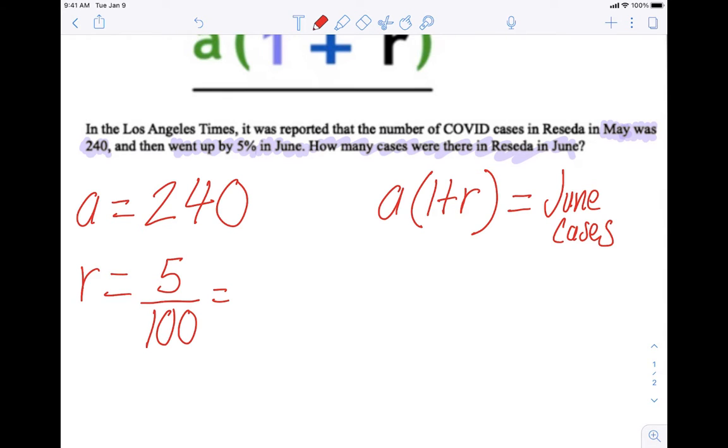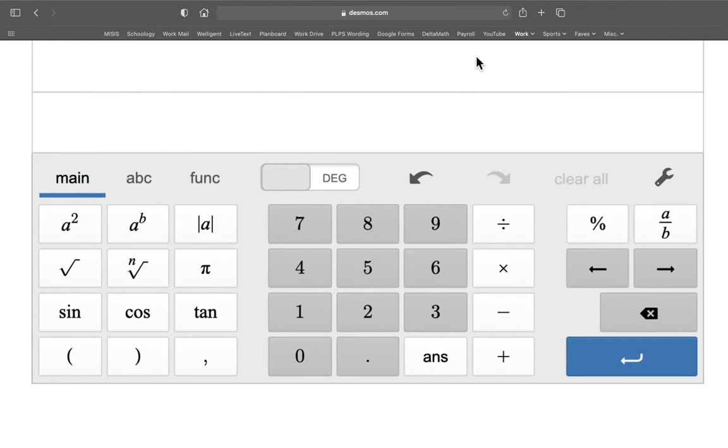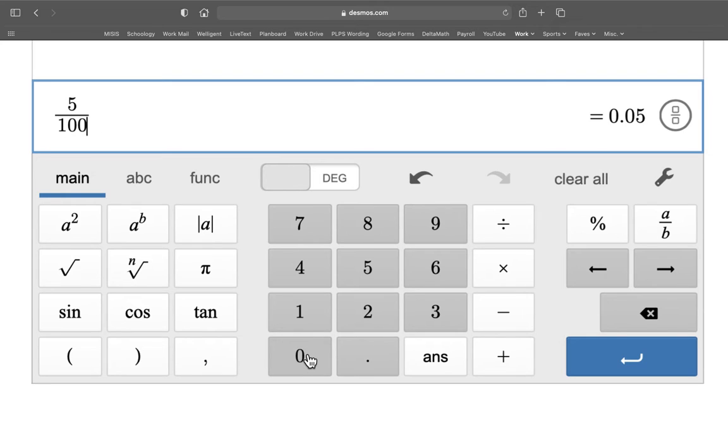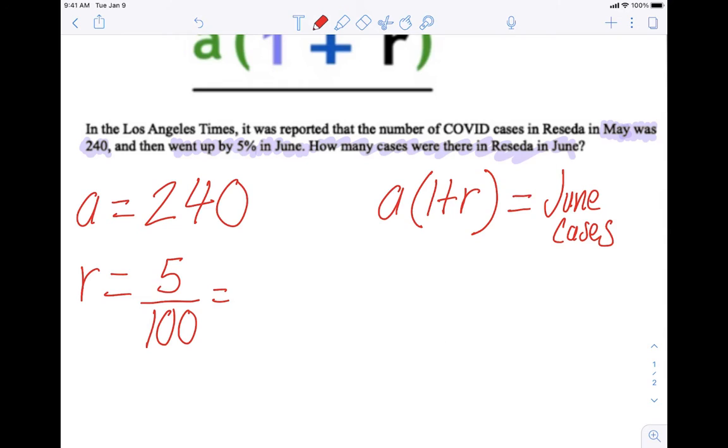I'm going to use my calculator now, 5 divided by 100, and I get 0.05. So my important information is A is equal to 240, and R is equal to 0.05.